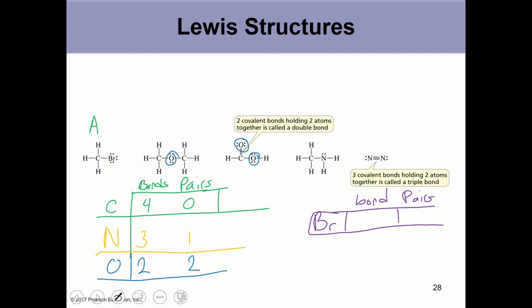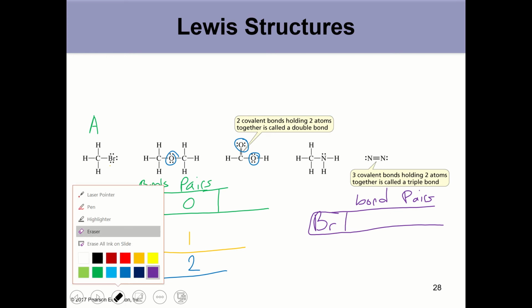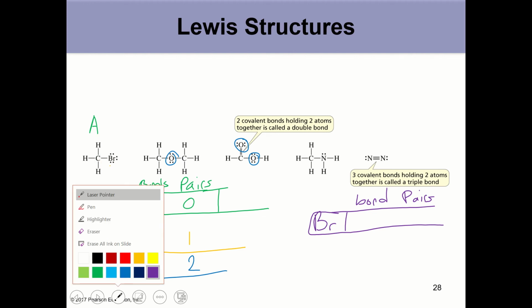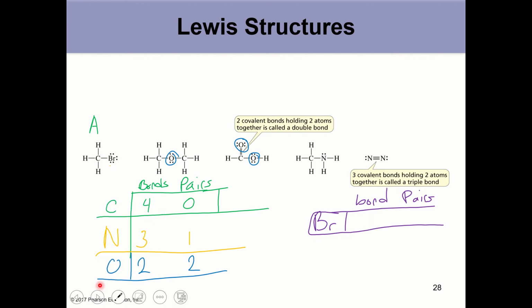So when we look at the structure, this bromine has 1 bond and 3 pairs. As long as we know our trends, our Lewis structures will always be drawn correctly.